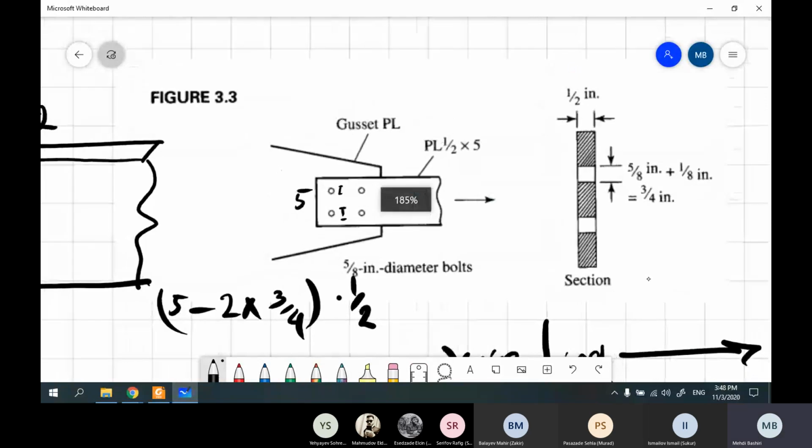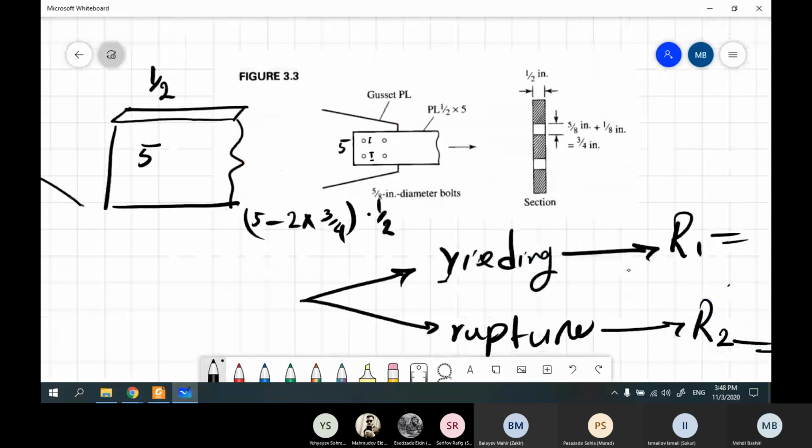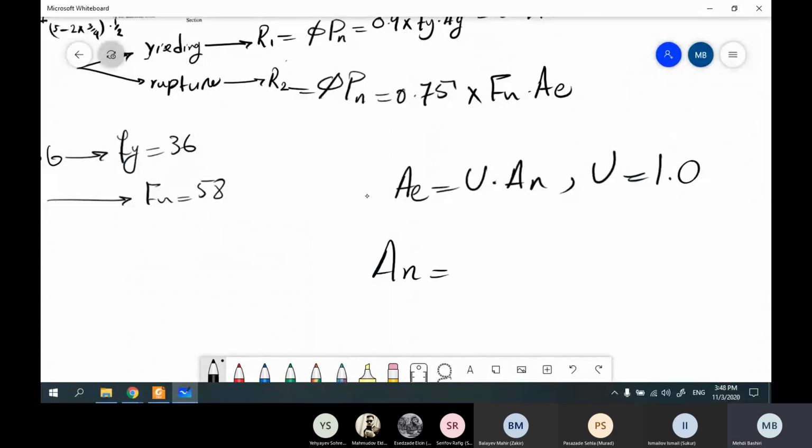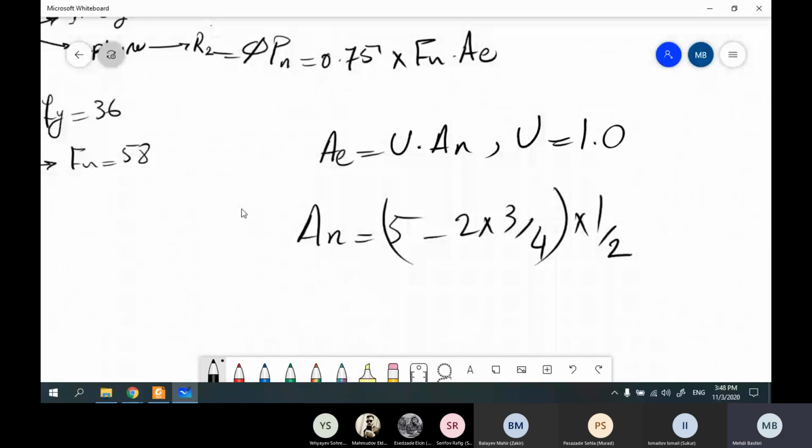So An is equal to 5 minus 2 times 3 over 4, times 1 over 2. How to find U I'll explain in the next class, but for now you can assume U as 1.